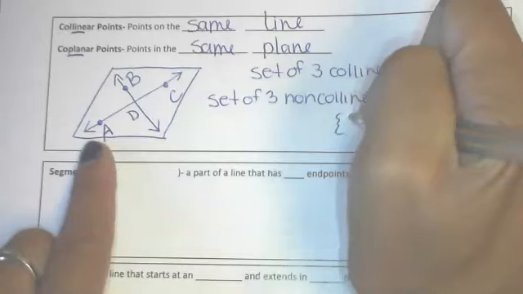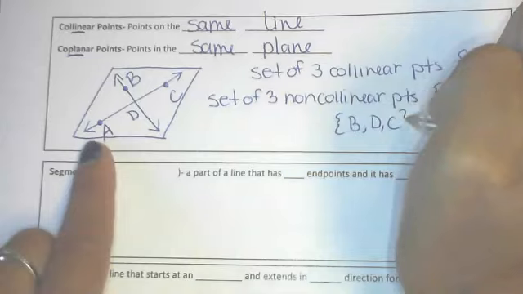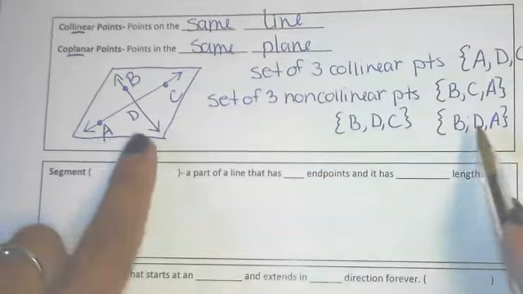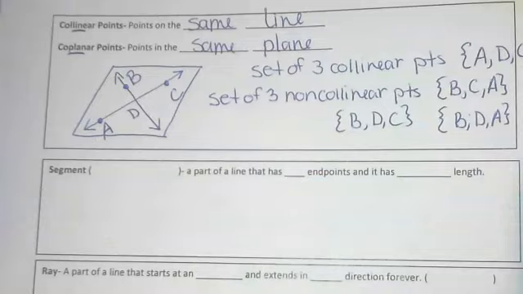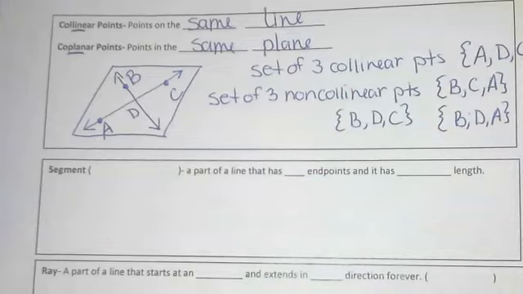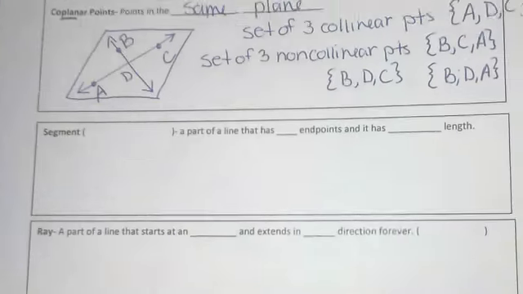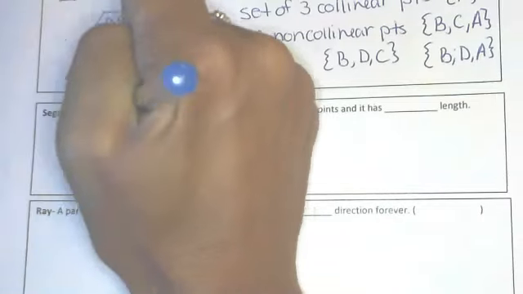B, D, and C. I think we got them all. I think so. Because it's two of these with one of those, and yeah, I think we got them all. Good on that? All right, moving on to segment, also known as line segment. Interchangeable terms.